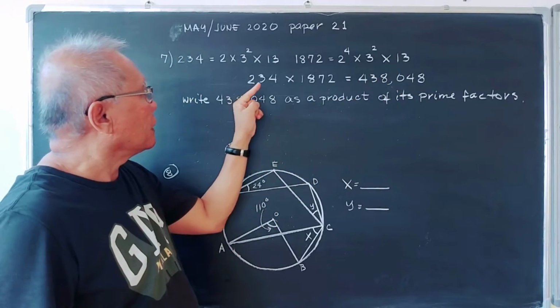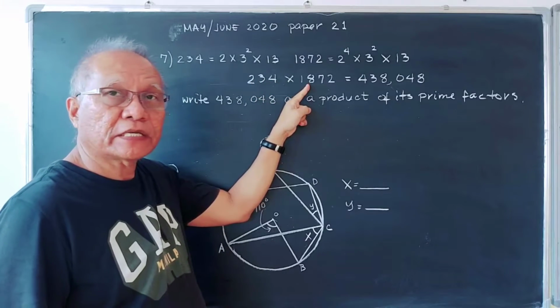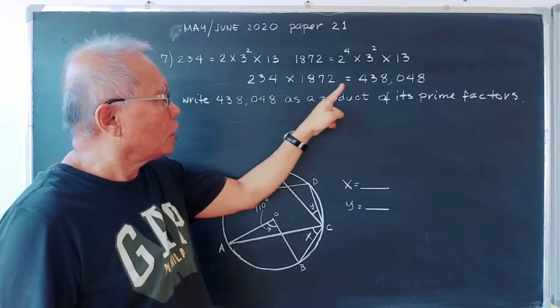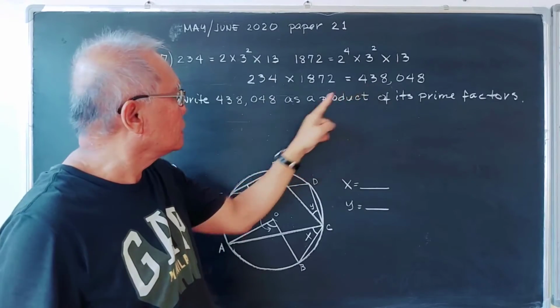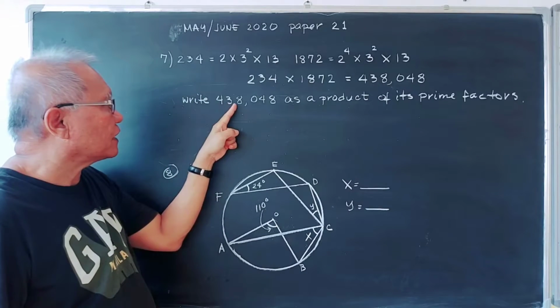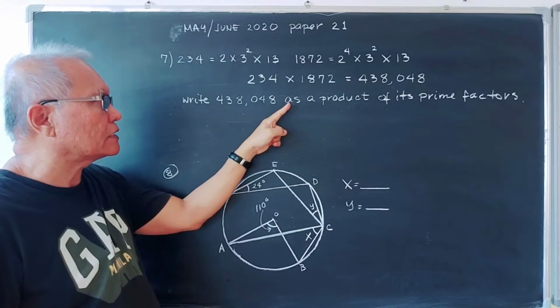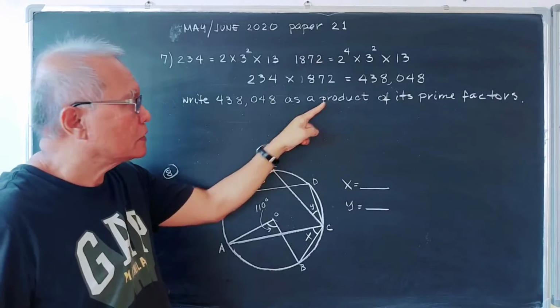Now if we multiply 234 by 1872, we have 438,048. The question is, write 438,048 as a product of its prime factors.